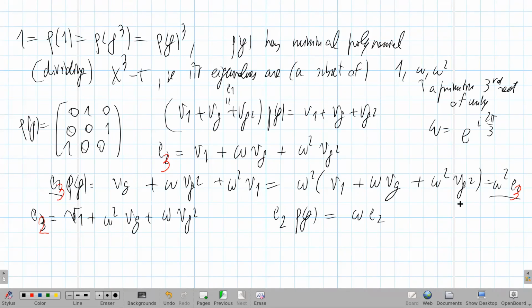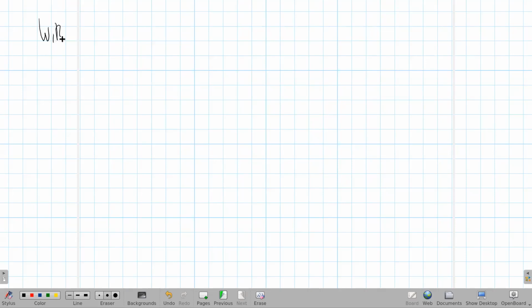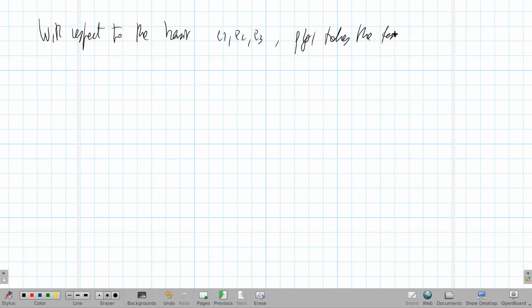However, what's the point? The point is that with respect to the basis E1, E2, E3, rho g has the form, so you have two forms of rho g, because rho g depends on the basis.